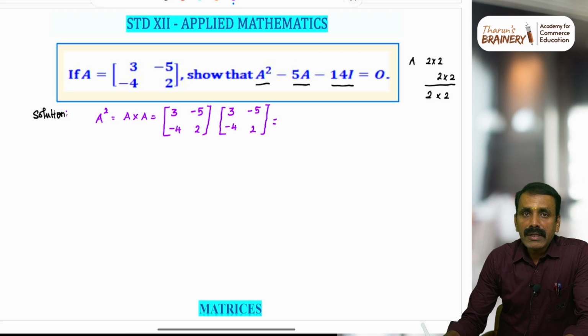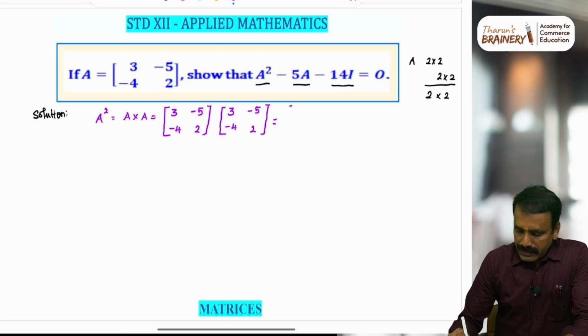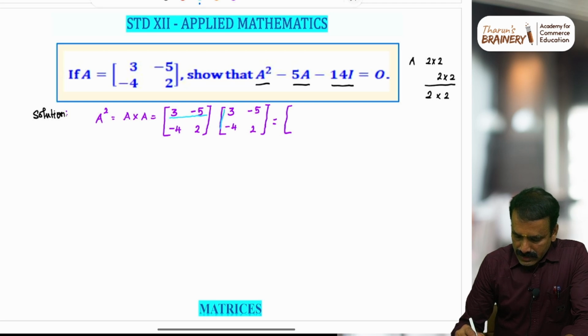So we have checked whether the matrix multiplication is possible or not, and the result matrix is also of order 2 by 2. So how to multiply? As usual, row element multiplied with column element. Okay. So we take first row element multiplied with the first column element.